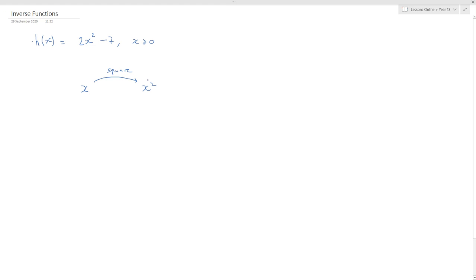So we're getting closer. Then I'm going to times it by 2, which will give me my 2x squared. Getting closer again. And then to get to 2x squared minus 7, I take away 7, and I end up with 2x squared minus 7.